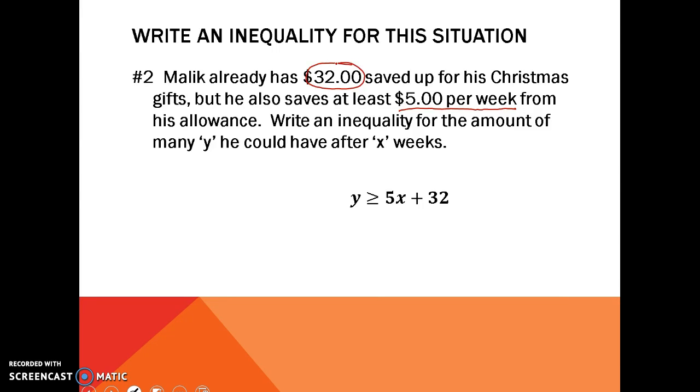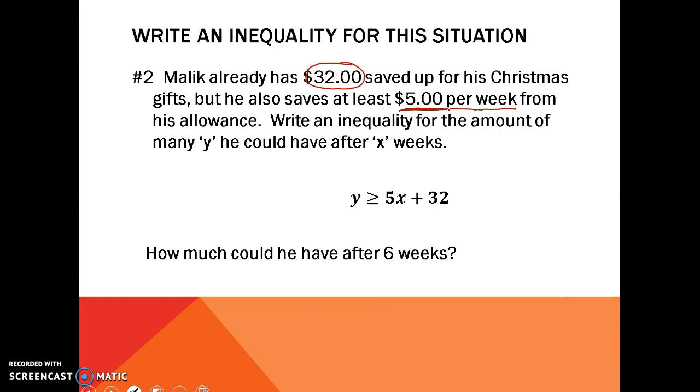And so we're going to have an equation that looks like this. Y, the amount of money, is going to be at least, which is greater than or equal to, $5 times the number of weeks plus 32. So it could be more than that if he saves more than $5 per week. But he's going to save at least $5 per week, and that's going to be how much money he's going to be able to spend for his Christmas gifts. So that helps us answer questions like this. How much could he have after 6 weeks?